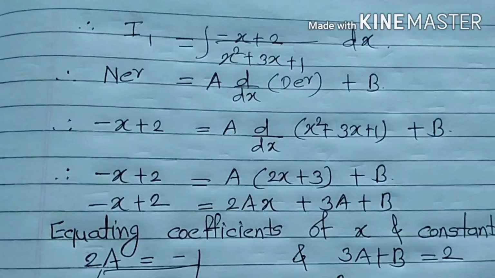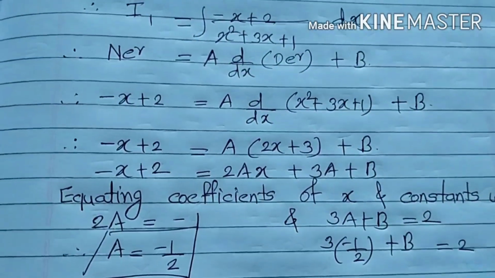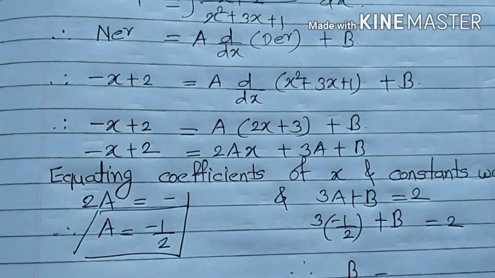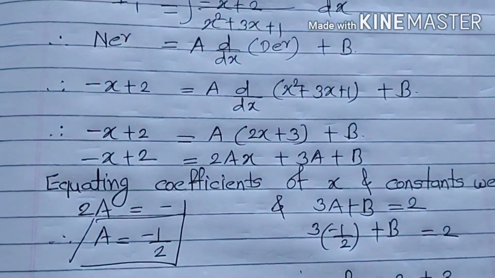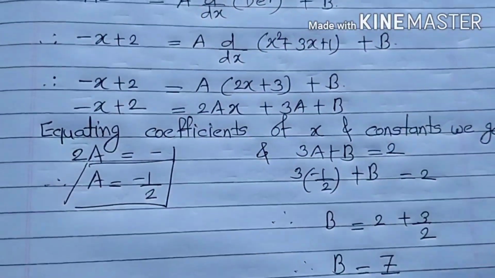Using this, 3 into minus 1 by 2 plus b is equal to 2. Therefore b is equal to 2 plus 3 upon 2, so b is equal to 7 upon 2.